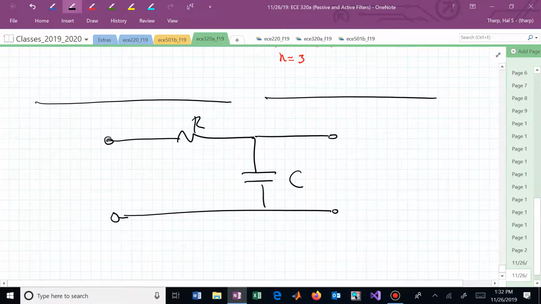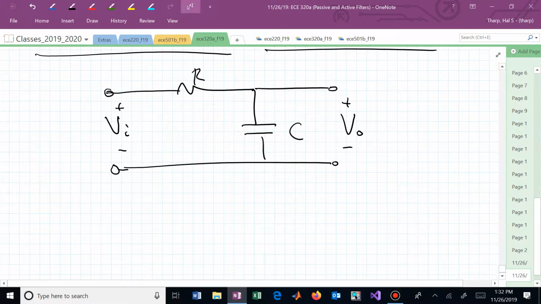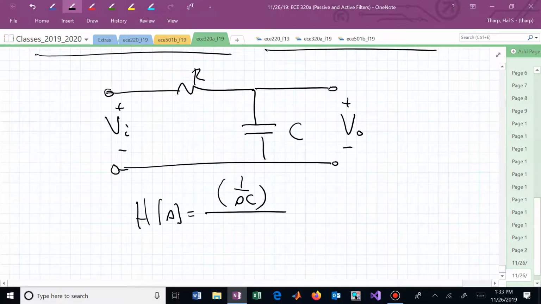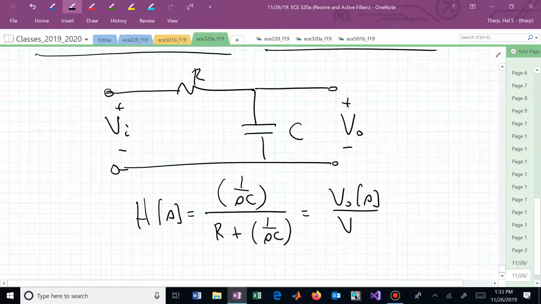And if this is V out and this is V in, my transfer function, going through all the steps, simplifies then to 1 over S times RC plus 1.